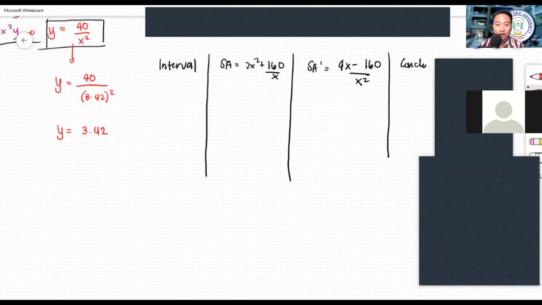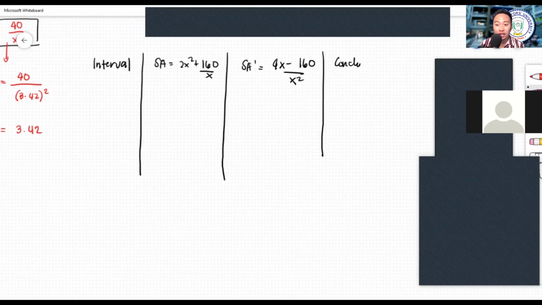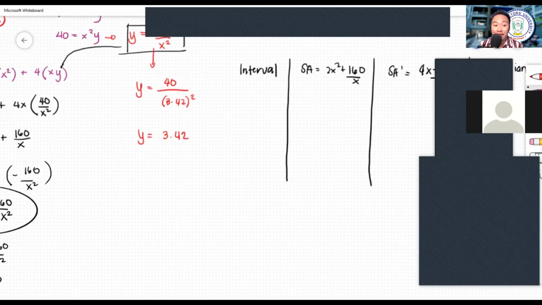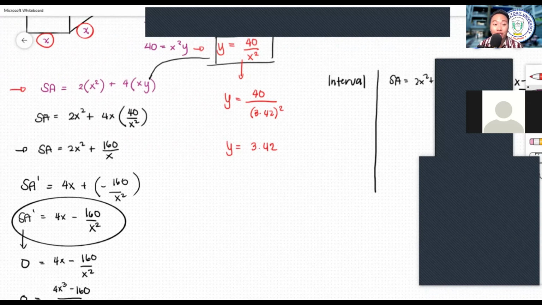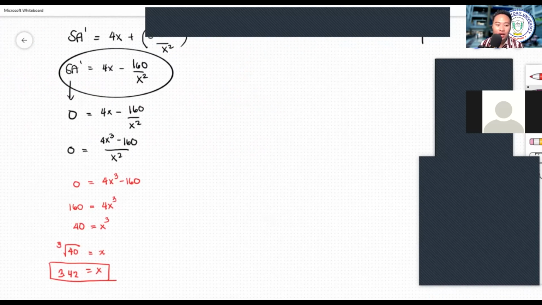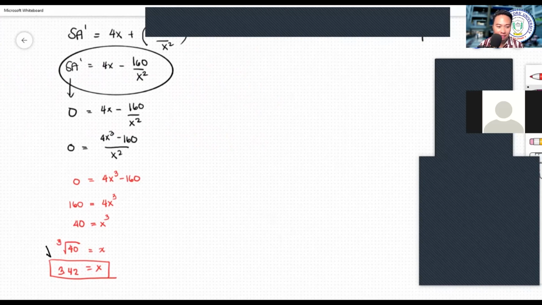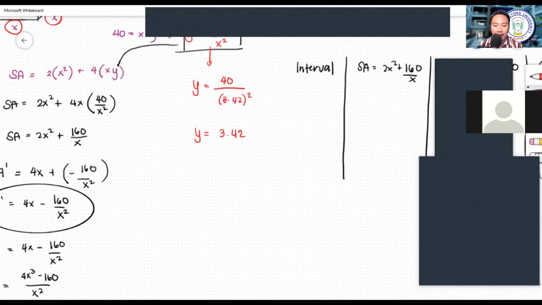I'm going to show you the illustration in the book, a table, so you don't get lost. How do we determine the interval, guys? The interval is determined using the critical value, which is 3.42. So you start from 0 to 3.42. Why did I start with 0? Why not negative?